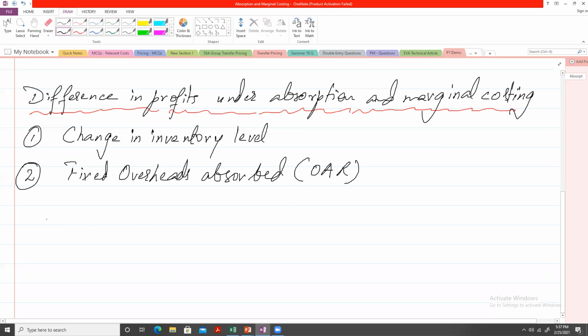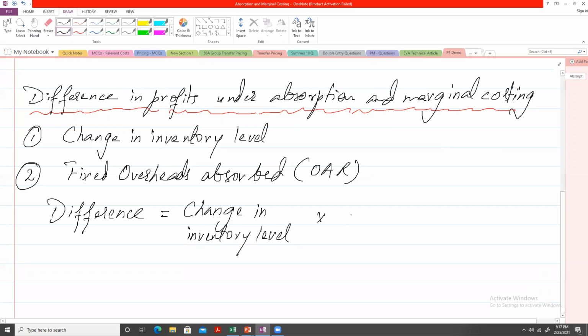So the formula, or how we calculate this difference in profit: this difference is calculated as change in inventory level multiplied by overhead absorption rate.